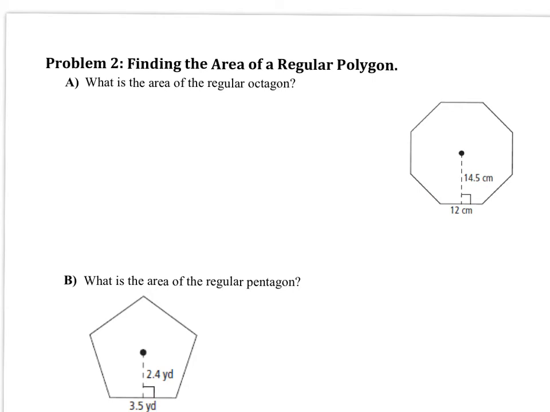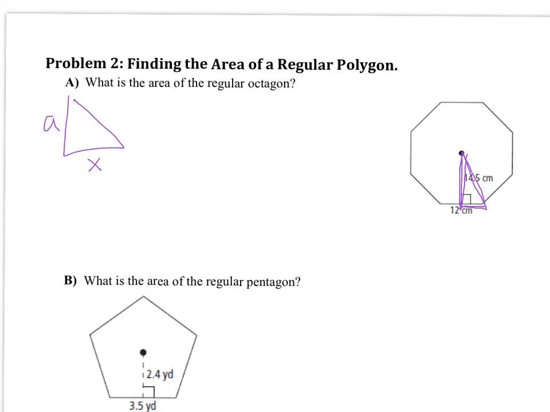When you find the area, you will see me often draw a right triangle just like this. This length will be the apothem. This length is half your side length, because if I draw it on this shape, here's my apothem, and when I draw this right triangle right here, it's half your side length. Remember that the apothem cuts the central angle in half, and it also cuts the side length in half.